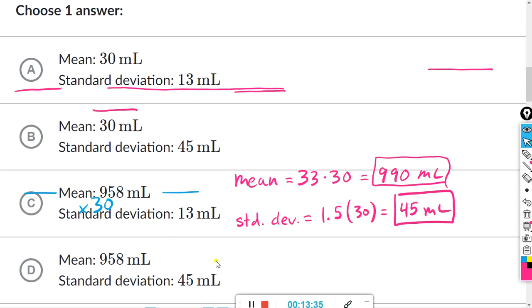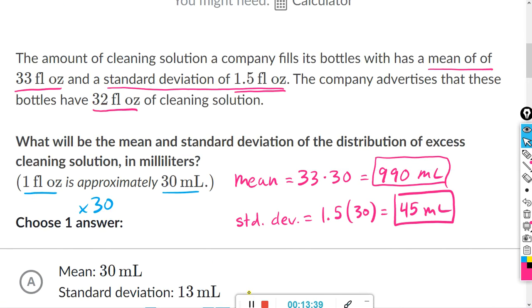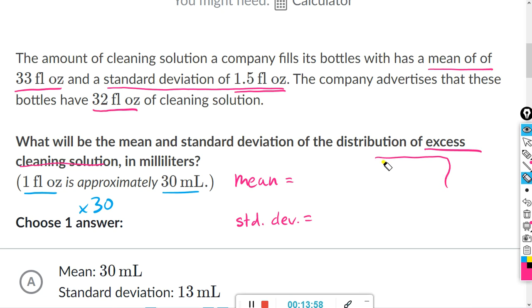All right, they got 958. Let me see what I did here. This is an annoying question because it actually says they want to know the distribution of the excess cleaning solution. It's a bad question in my opinion, but let's just go with it here.